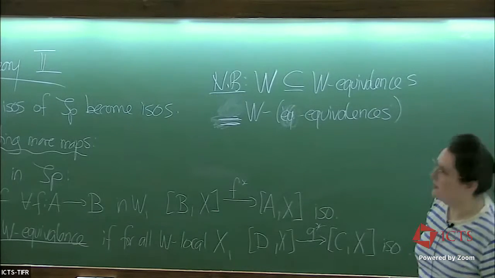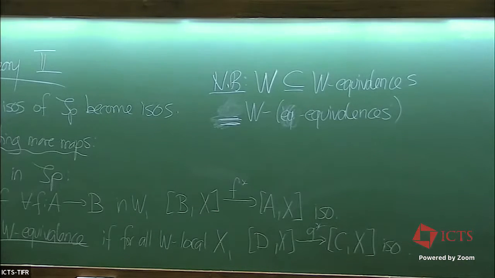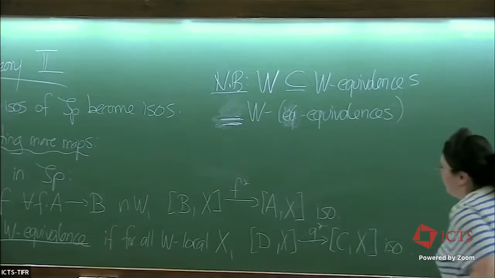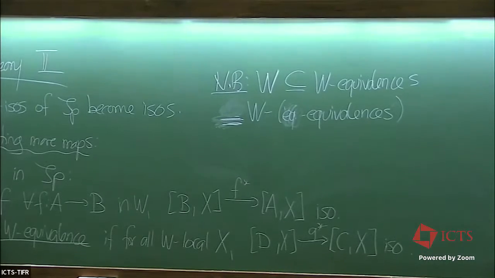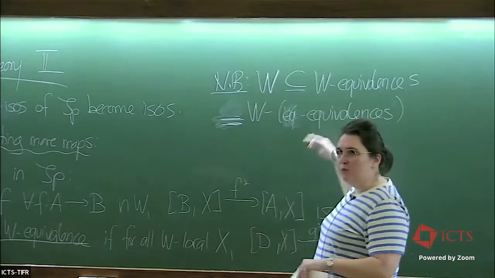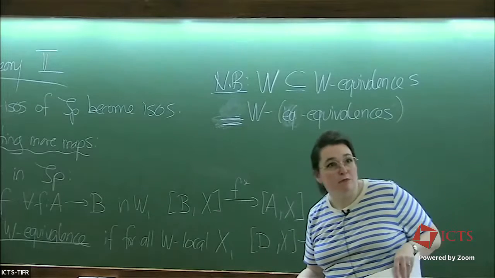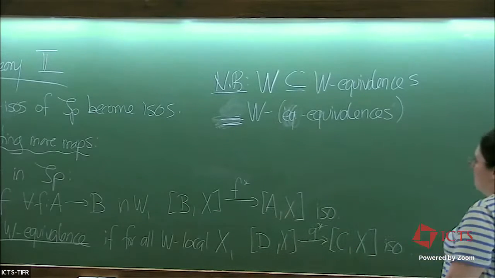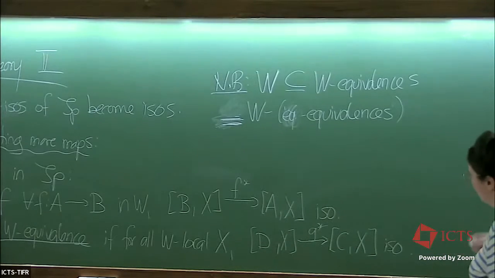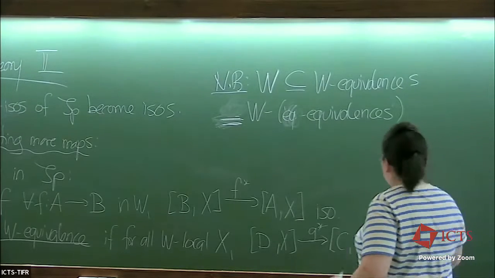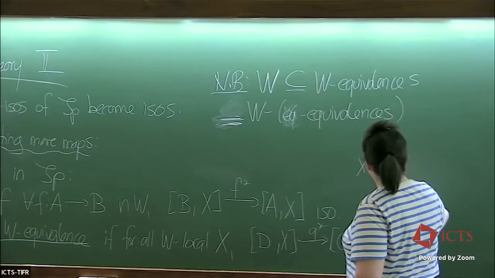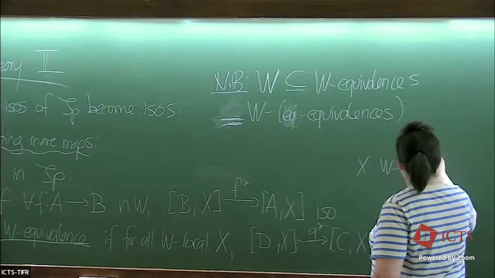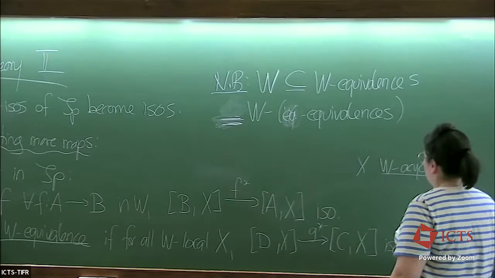No, I didn't. Thank you. So there you can see that in this random definition here, this process already seems to be closing W under something reasonable. And maybe I should just say, just because the word is going to be mentioned in a bit, you say that X is W acyclic.